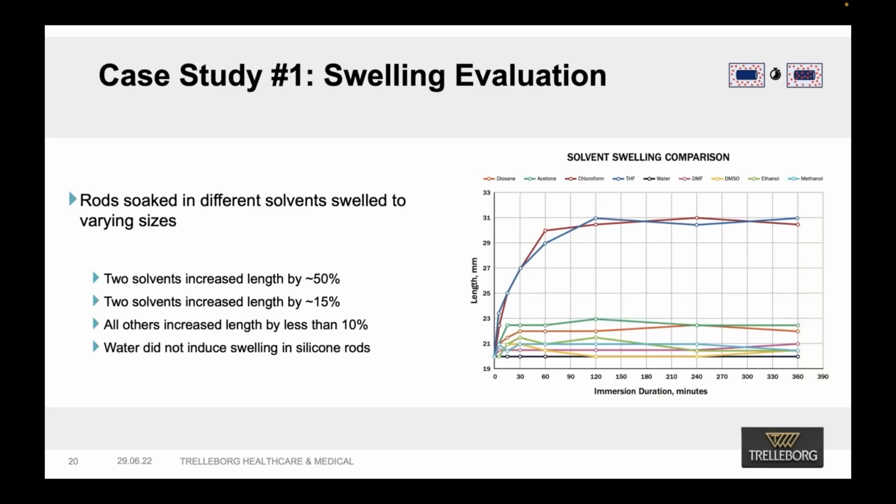There were two others that ended up at about a 15% range, while all of the others increased the length of the samples by 10% or less. And as a control, we also evaluated the effect that water had on the silicone samples, which was zero, as it should be. We used that to confirm that there wasn't anything else going on and to prove out that we have good results from this.